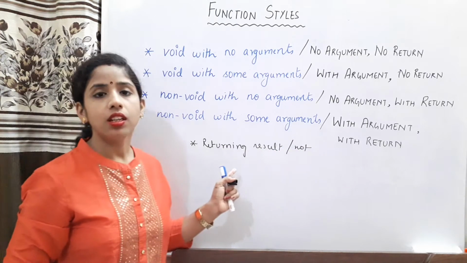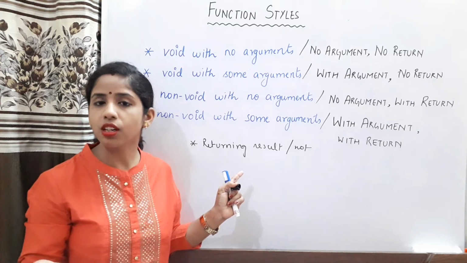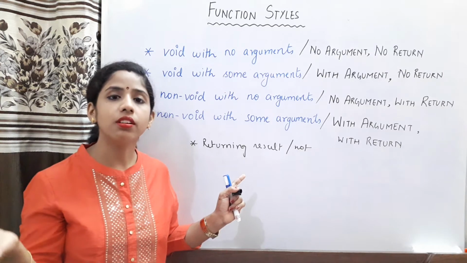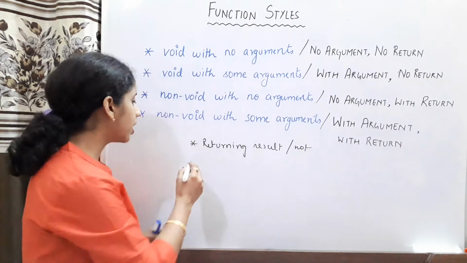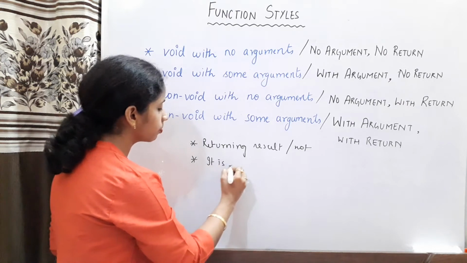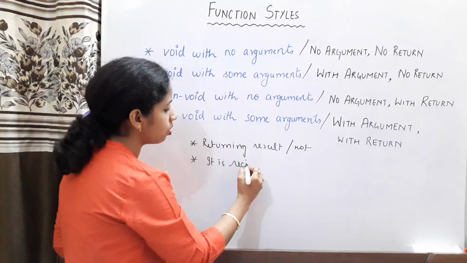Means whether the function is printing the result on its own or is returning the result back to the caller function. And the second basis is whether it is receiving any parameters or not.